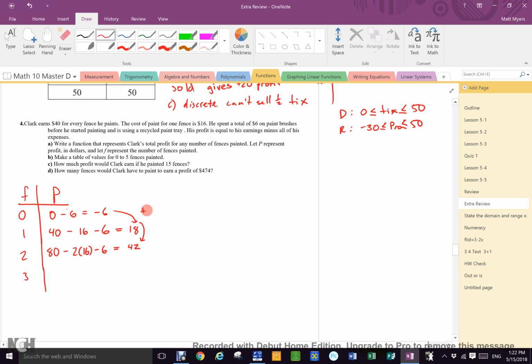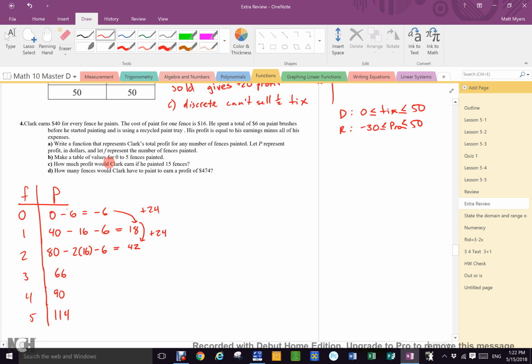Negative 6 to 18 is plus 24. 18 to 42 is plus 24. So we just keep going. This one is going to be plus 24, which is 66. Then 90. Then 114. There's your table of values.